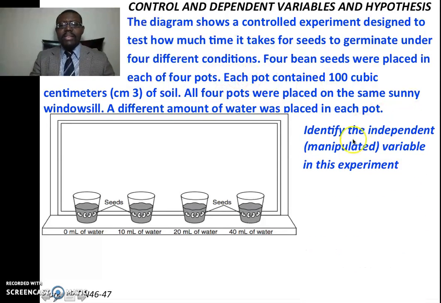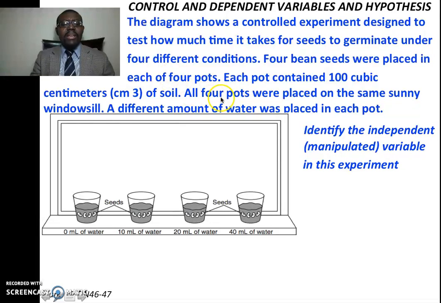The first question says, identify the independent manipulated variable in this experiment. You can read from here that the diagram shows a controlled experiment designed to test how much time it takes for seeds to germinate under 4 different conditions.